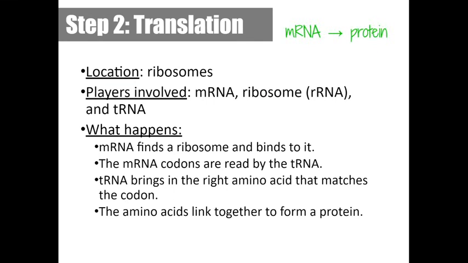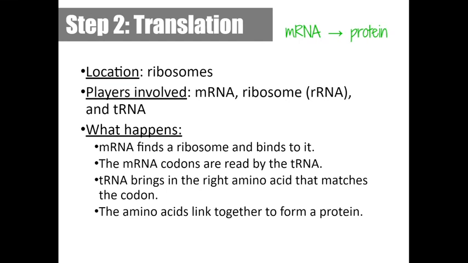So let's talk about step 2, which is translation. Translation is going to occur in the ribosomes. The players involved in translation are your mRNA, or messenger RNA, your rRNA, and your tRNA. So here's what happens. Your mRNA finds a ribosome and binds to it.